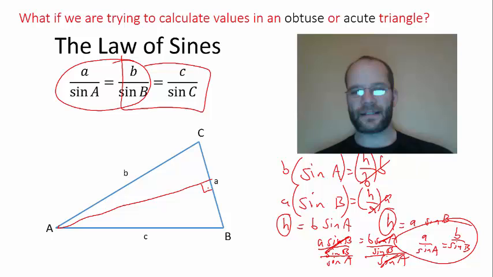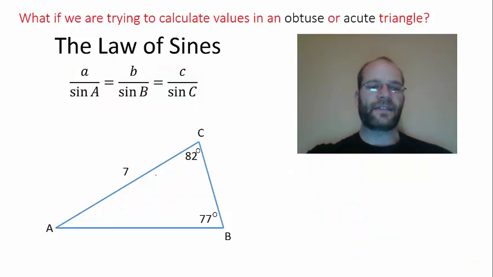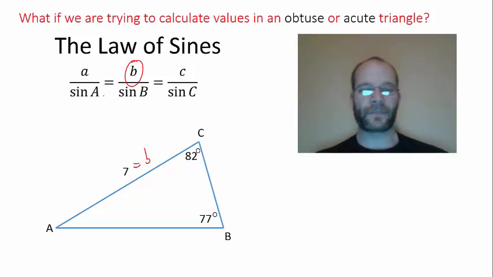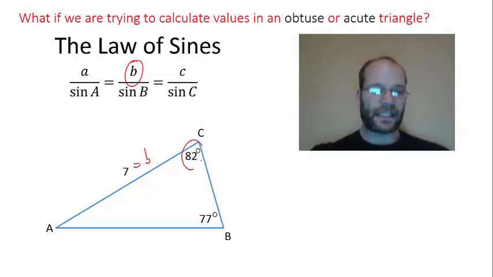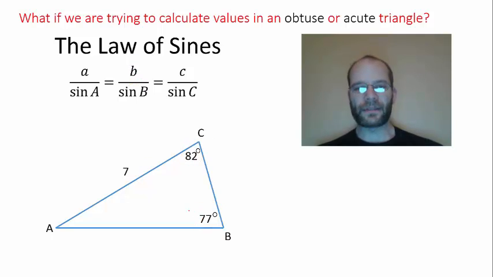Let's go ahead and apply the law of sines now. We have triangle ABC here. You'll notice that the length of AC is 7. That length, of course, would be equal to b, based on this naming convention. And I have angle C and I have angle B. So how do we set it up?